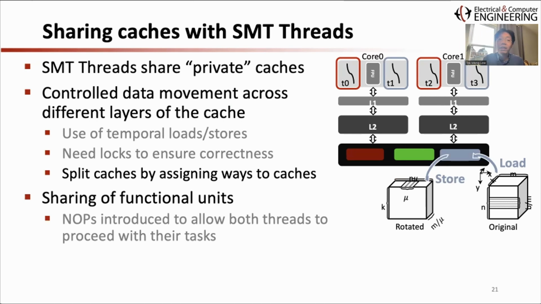This ensures that, because the double buffering thread and the computation thread share the same cache, there's a high likelihood that the double buffering thread will load the data into the appropriate levels of the memory hierarchy for the computation thread, especially since on many x86 architectures, different cores have different private caches.